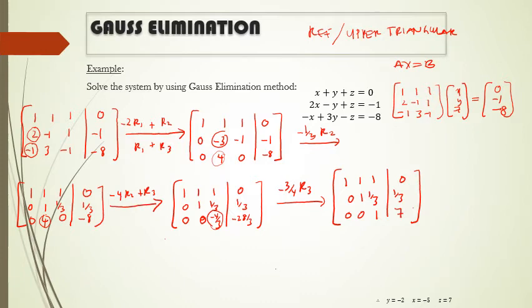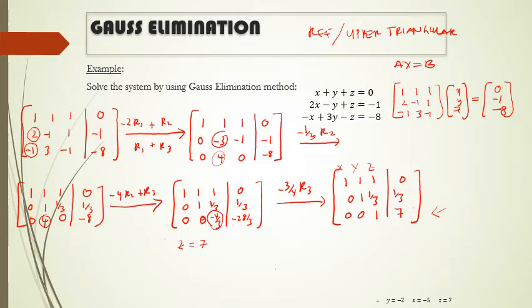So now it's already in upper triangular or REF form. So we can stop here. So we know that this is X, Y, Z, right? From the third row, it will be Z equals 7.